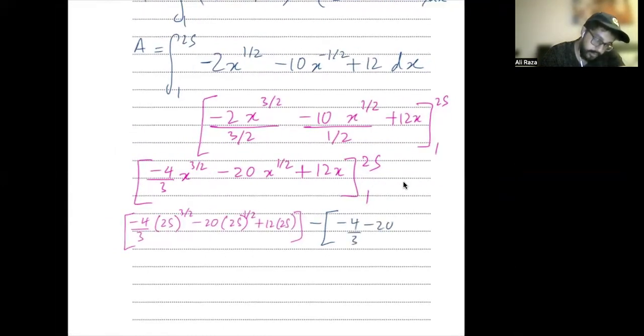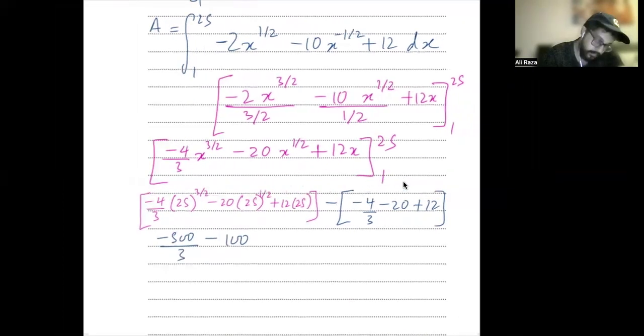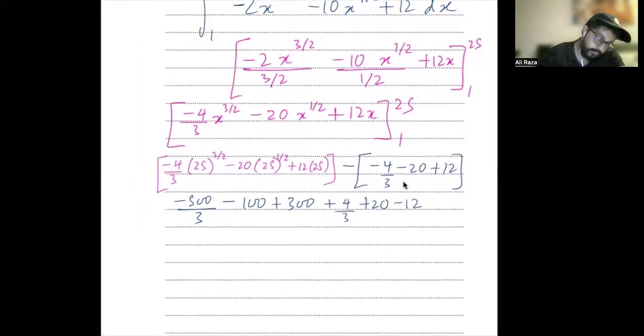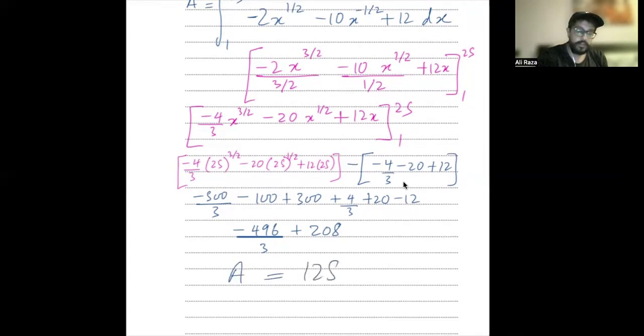Minus 4 over 3 minus 20 plus 12. The area would be 128.3.